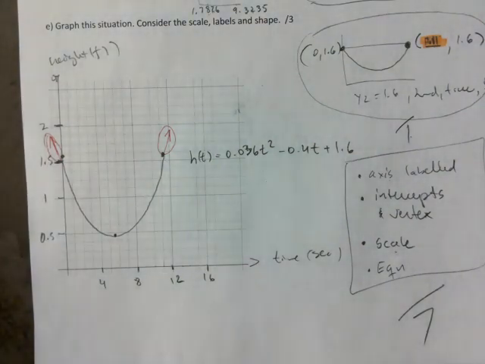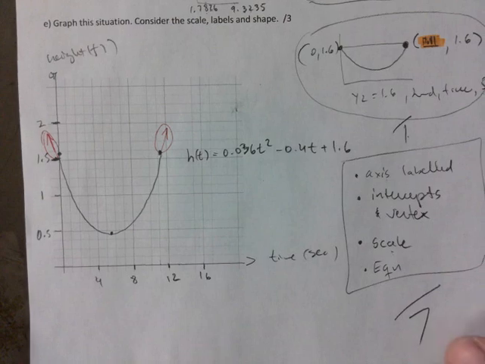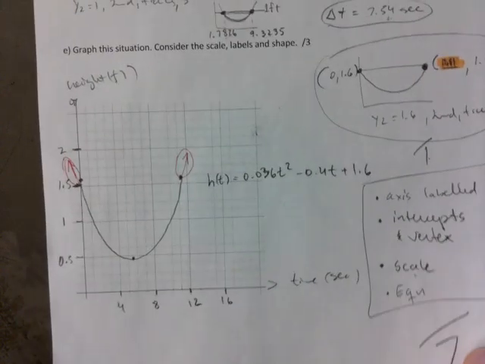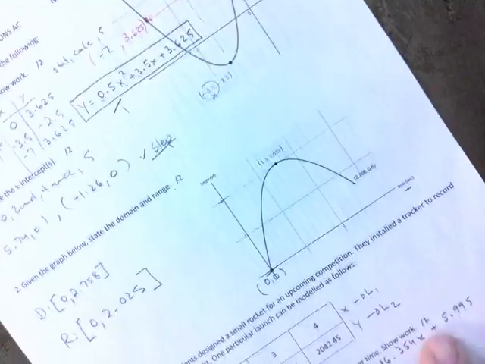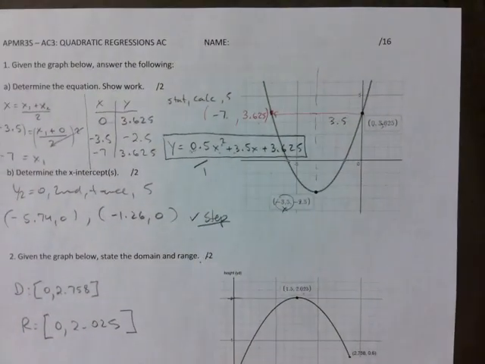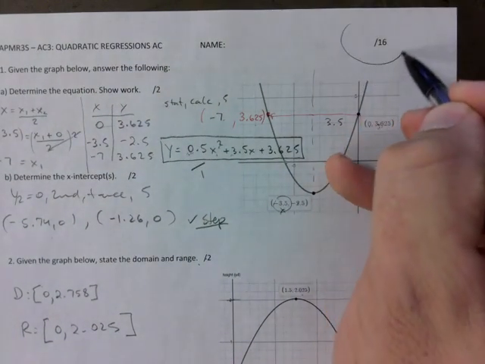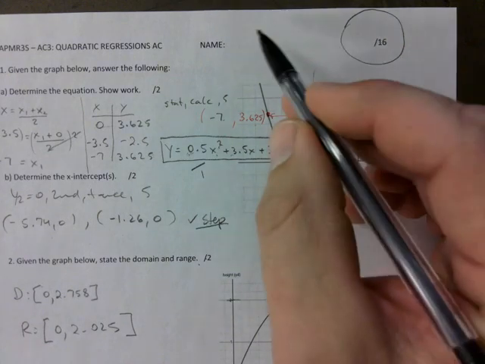We don't go into the negatives unless there is a very specific statement indicating that. Okay, so add it up. What are we at? 7 and 9, so it's out of 16. So we leave it out of 16 here. Make sure that it has a mark and your name is on there.